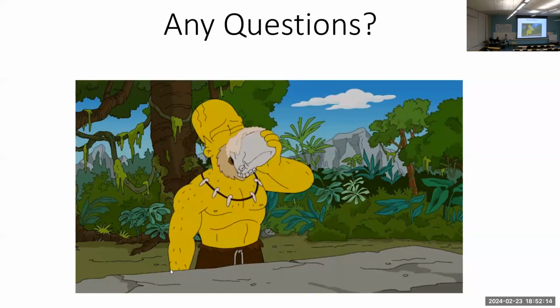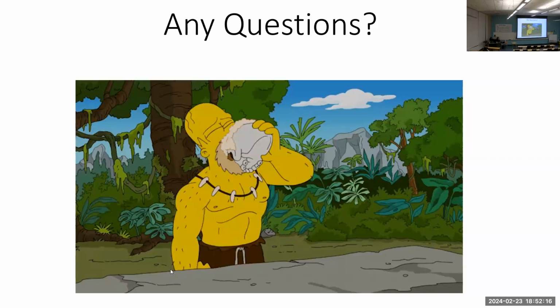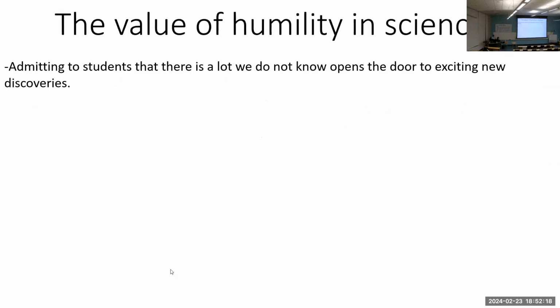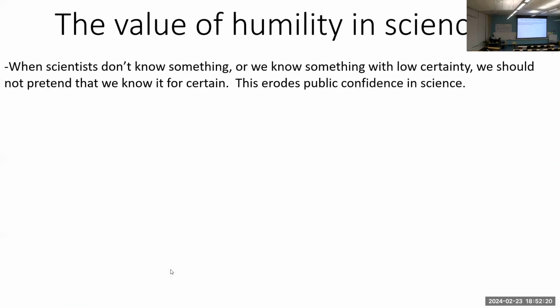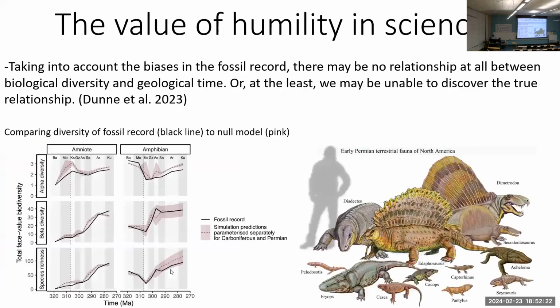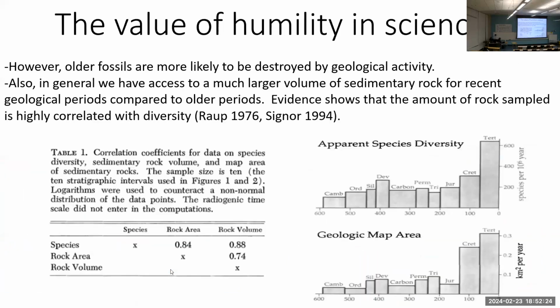I was going to talk about this. I'll just show you this graph because I think you'll appreciate it. This is the apparent species diversity, showing the classical view that species diversity increases over time. But this is the geological map area that's available to us.